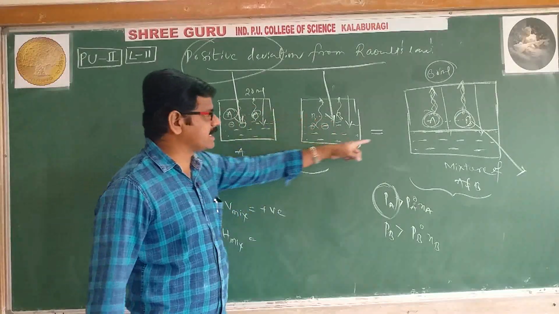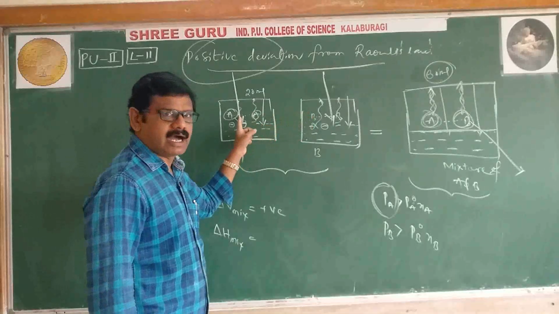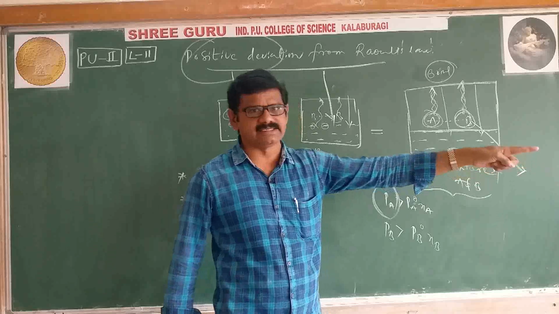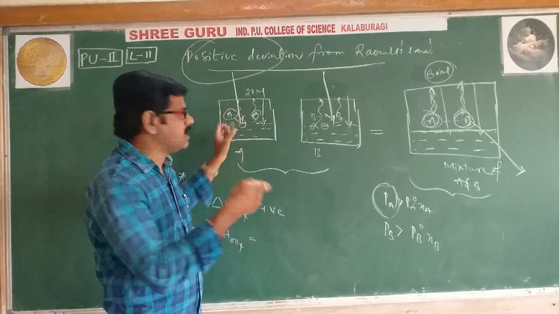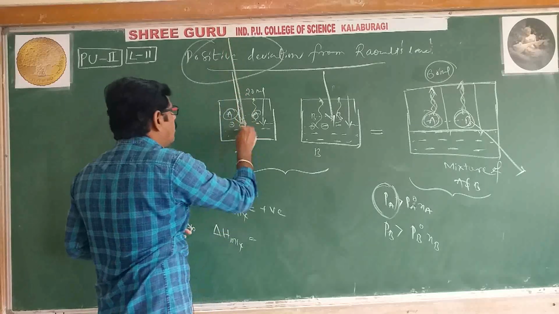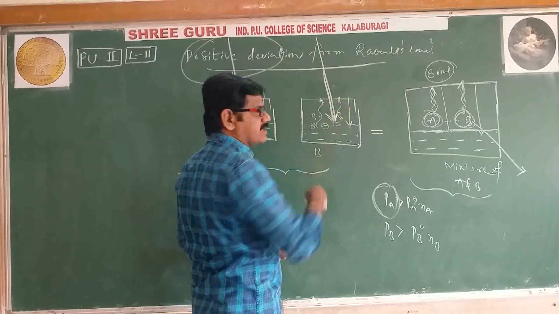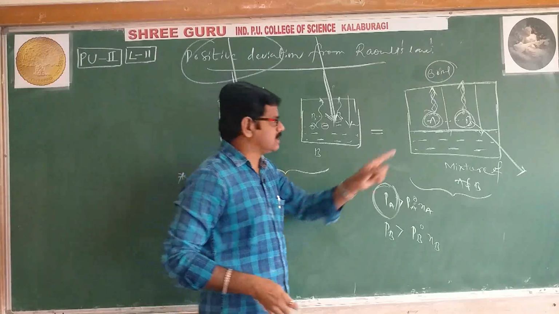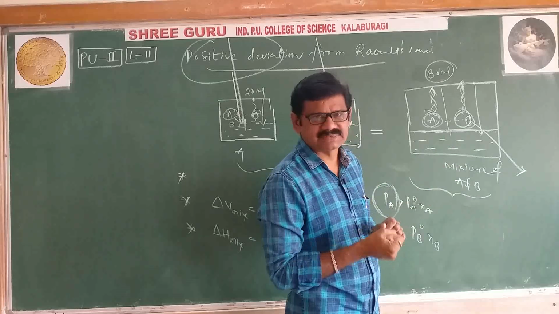Here bonds are breaking, here a bond is making. Here energy is required, here energy is released. Just now we discussed that AA attraction is more, which means to break this bond we need more energy. Here also to break this bond we need more energy. But after formation of a bond between A and B, the bond is weak.